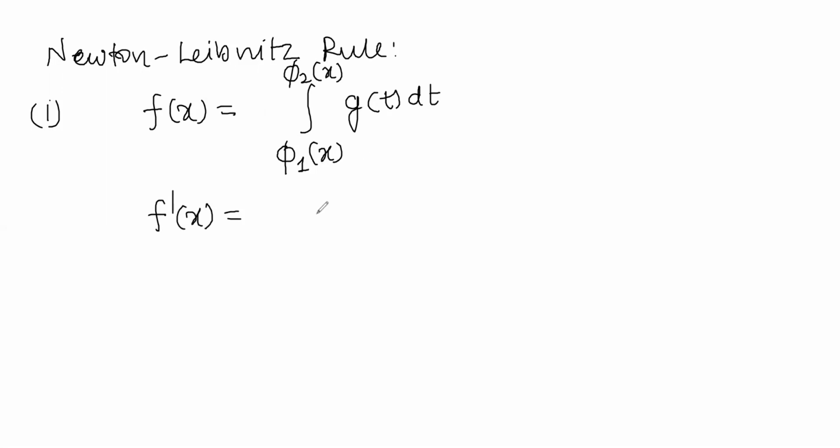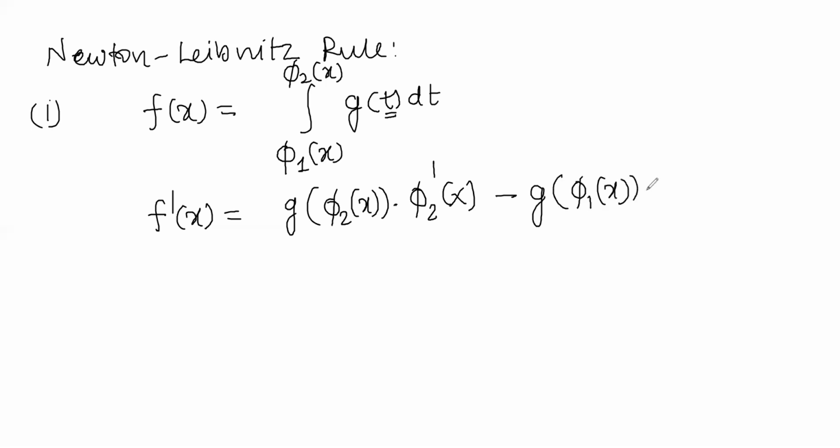Then this rule says that instead of t, you take g of phi 2 of x into the derivative of phi 2 of x, minus g of the lower limit, which is phi 1 of x, times the derivative of phi 1 of x. This is for one variable. When I have just g of t, I am sure this is a function of t completely, so this rule will be followed.